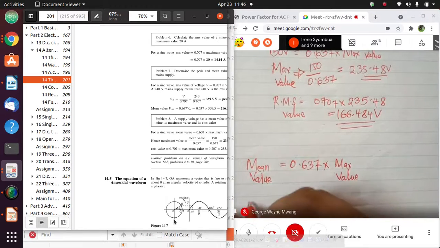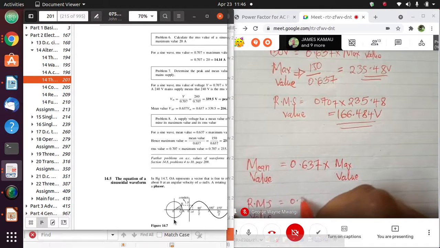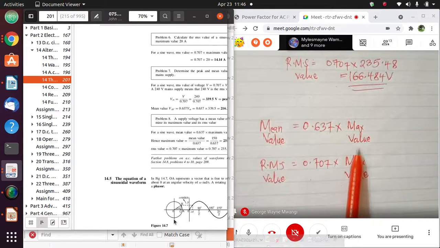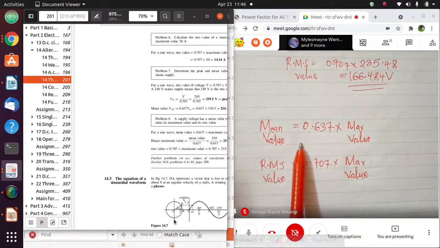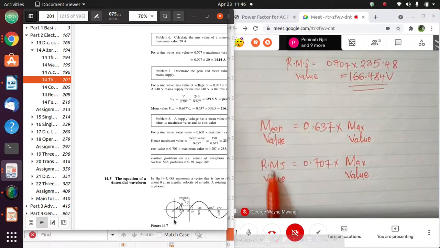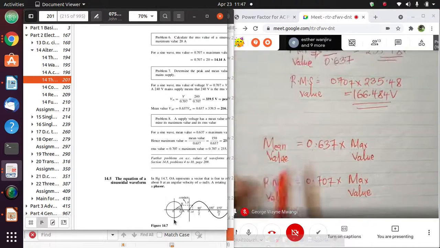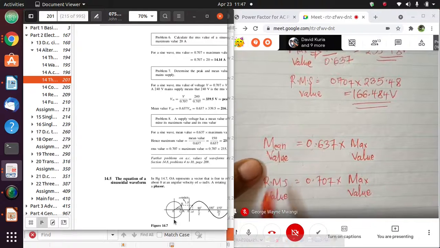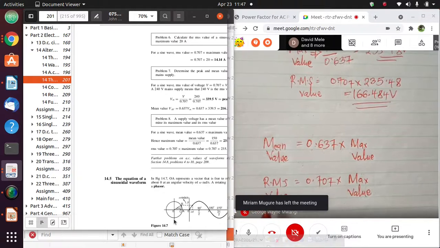The RMS value is equals to 0.707 times the maximum value. So you can be able to find the maximum value using these two formulas. In question 2 tulikuwa tumepatiwa RMS, ni maana tukadivide na 0.707. Hii example 3 tumepatiwa mean value. Kwa hivyo utadivide na 0.637. Umeona tofauti? Naona. Okay. Kuna any other question?